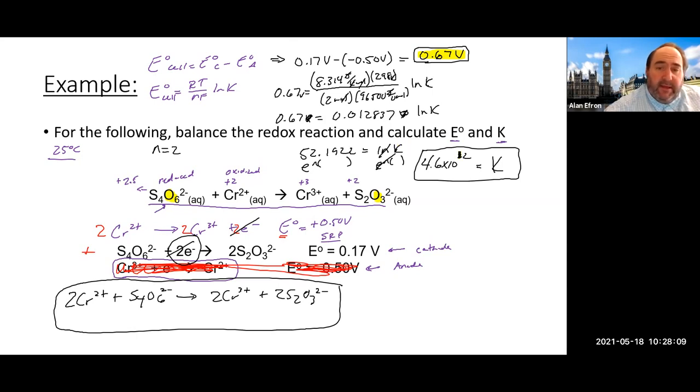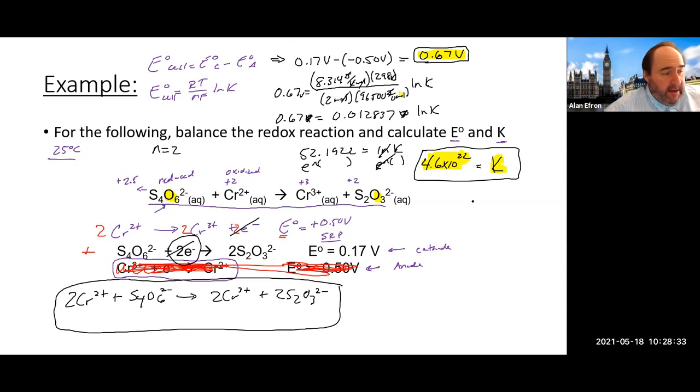That should also imply a larger value for K, and I would say that's a pretty large value of K. So those things do make sense when you put them all together. Any questions on that? Questions on how to use the Nernst equation, calculate K, calculate delta G for a galvanic cell?